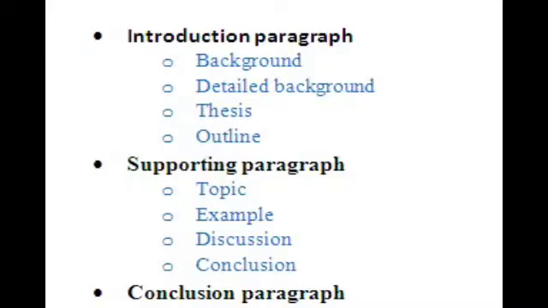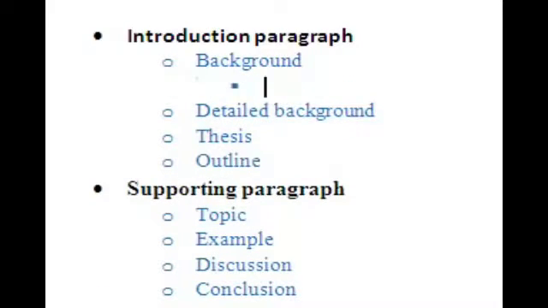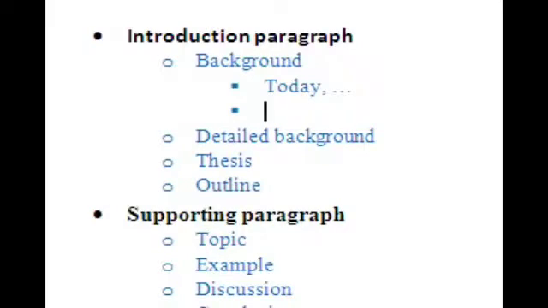So the background, we might start with some phrases such as "today." And then we would go on from there. So today such and such is happening and this is a big problem, or today such and such is happening and this is a trend, or whatever. Or perhaps we might start with "as is commonly understood."